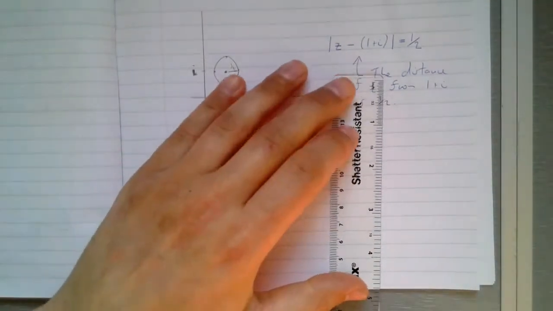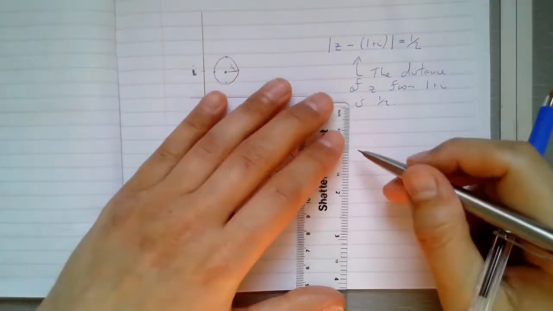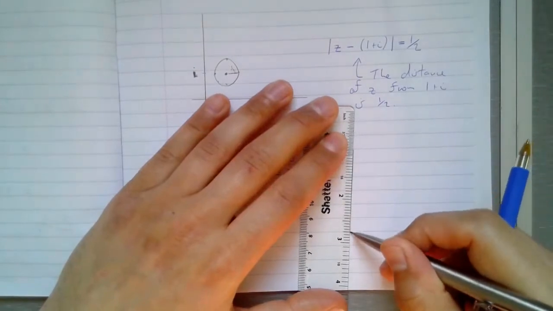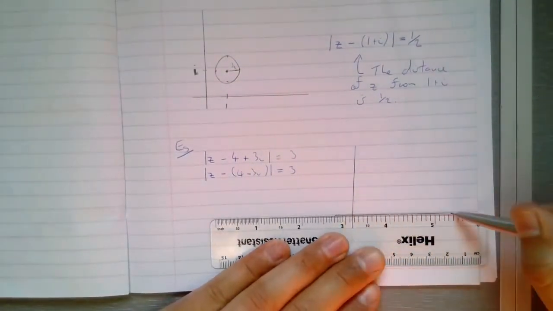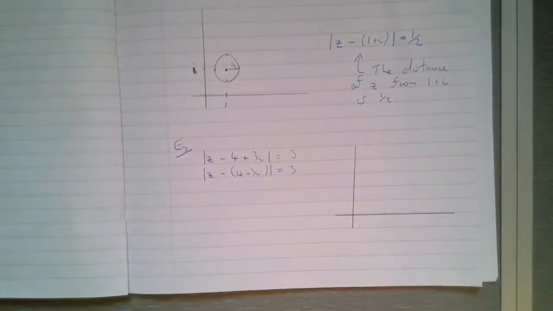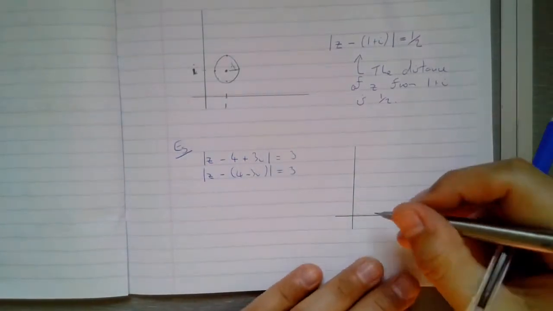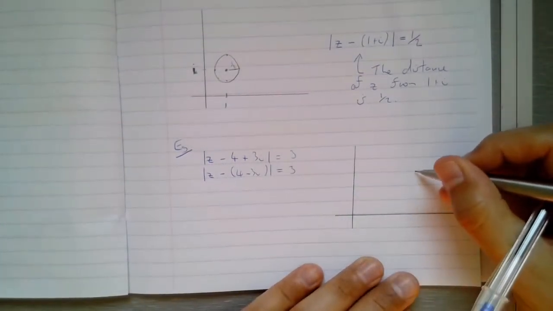So if we're to draw that, I only need the first quadrant again. So 4 minus 3I, so 4, let's say it's about there, 3 about there.